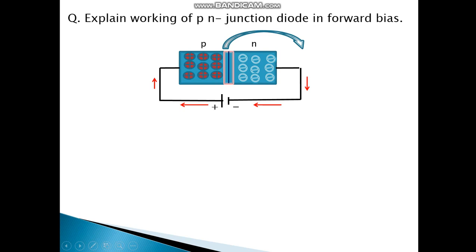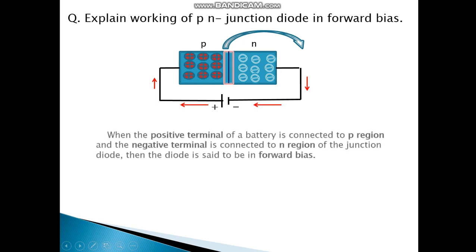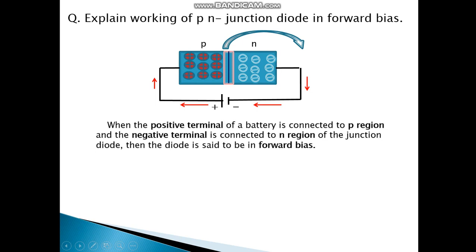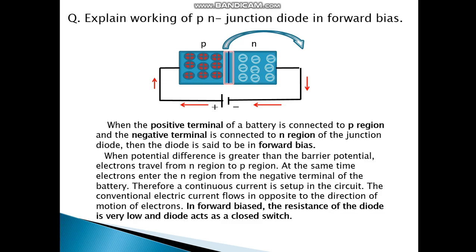Now let us see what is forward biasing of a PN junction. This is the block diagram again. The P side is connected to the positive terminal. When the positive terminal of a battery is connected to the P region and the negative terminal is connected to the N region of the junction diode, then the diode is said to be forward biased. When the potential difference is greater than the barrier potential, electrons travel from the N region to the P region.